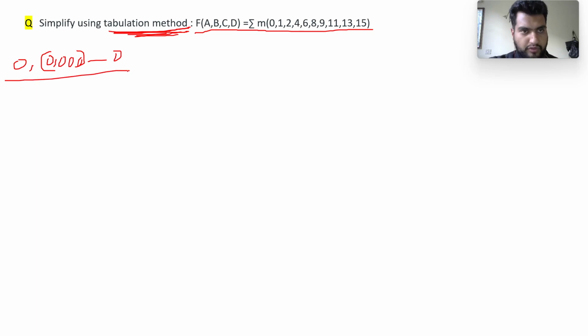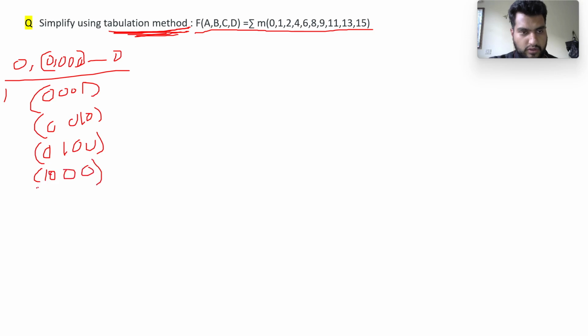Then we have group 1, in that we have 0 0 0 1, and 2 is also there, so 0 0 1 0. 4 is also there, 0 1 0 0, and 8 is also there, 1 0 0 0. And 15 is also there, no sorry, 15 is not there. So this is 1 2 4 8.